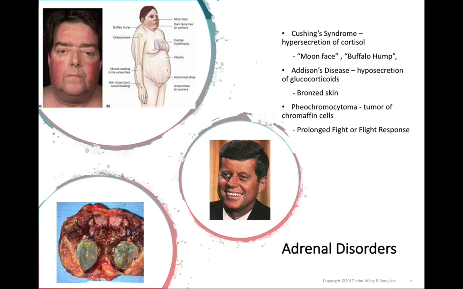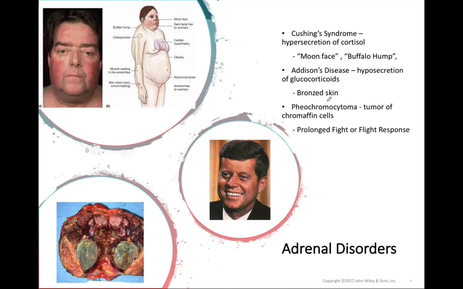Addison's disease, on the other hand, is a hyposecretion of glucocorticoids, so not enough cortisol in the blood. Oftentimes, this is caused by an autoimmune condition where antibodies will actually block the binding of adrenocorticotropic hormone to its receptors, and therefore we can't release cortisol into the bloodstream.